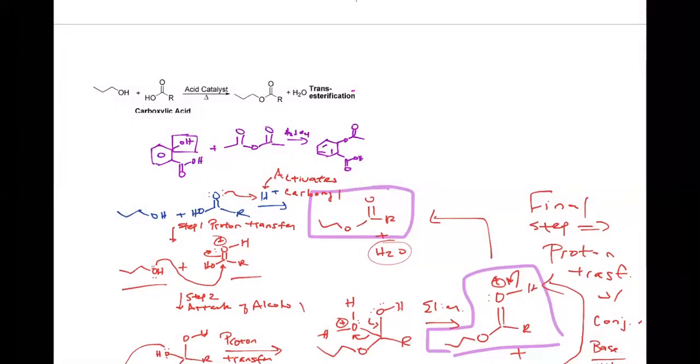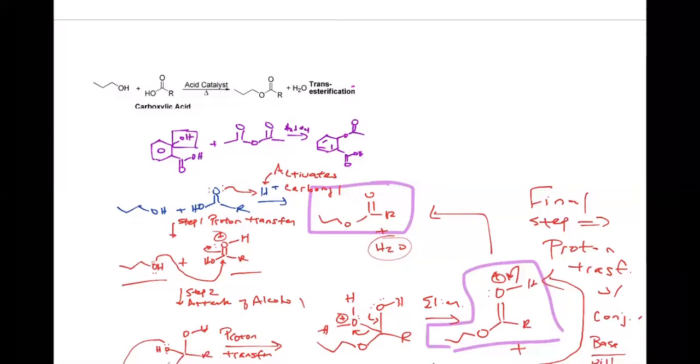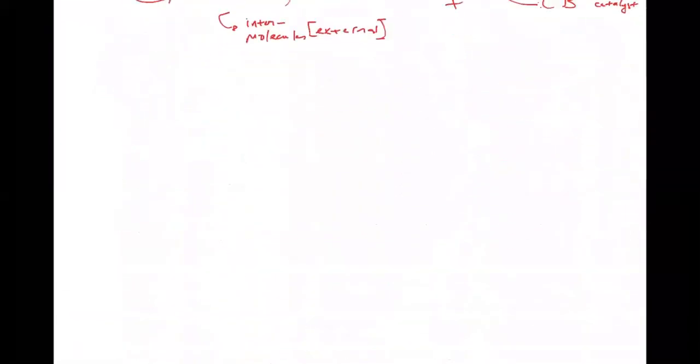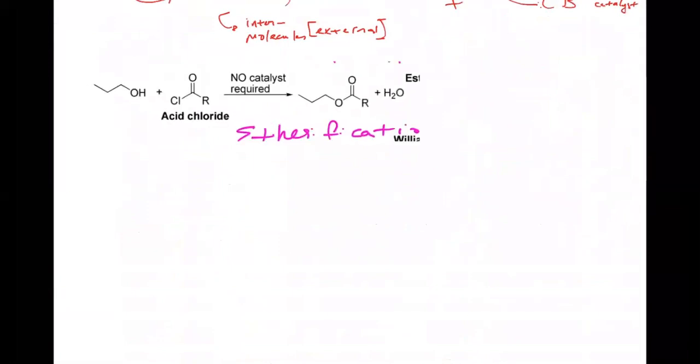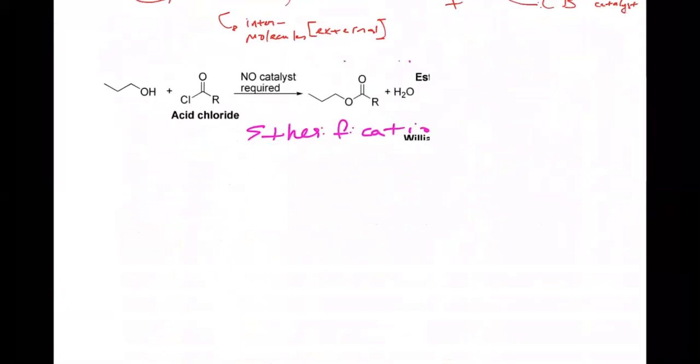No questions about the ester formation. All right, I think I can fit that here. So there's no catalyst required for using an acid chloride to make an ester, right? The reason is because the acid chloride is so reactive that you really don't need a catalyst.